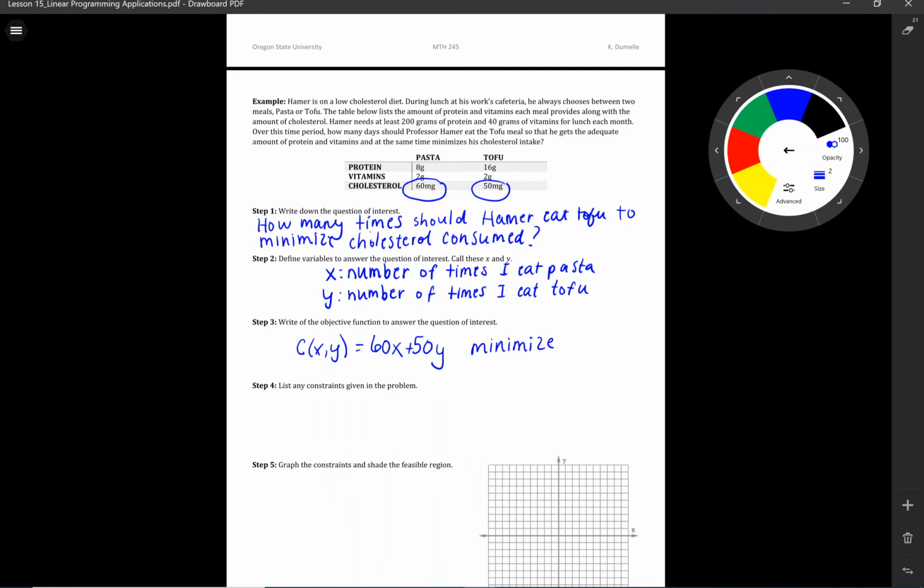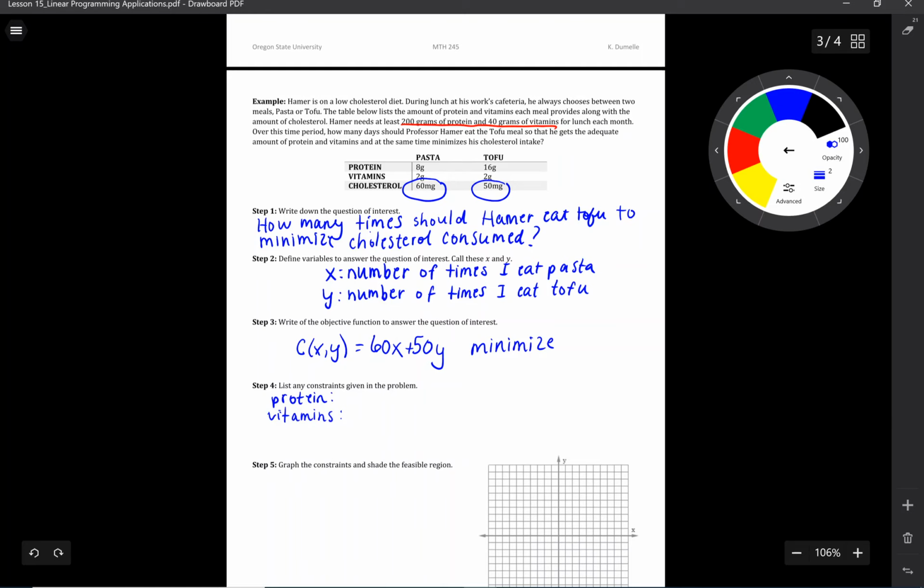Now I want to list any constraints given in the problem. Well, I have a few. I need at least 200 grams of protein and 40 grams of vitamins. So let's write an equation for protein, and vitamins.